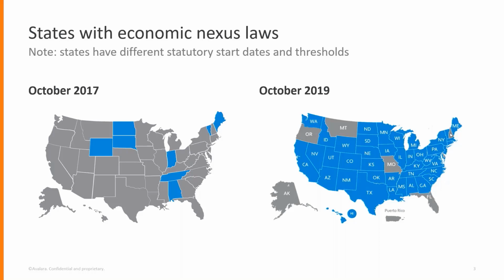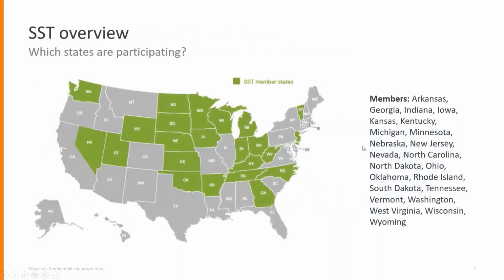And the good news is, on our next slide, we're going to talk about the streamlined sales tax. The SST is a group of 24 member states that got together to simplify sales tax compliance.